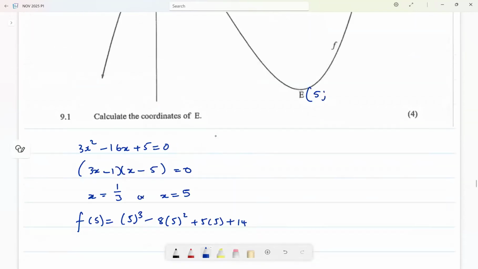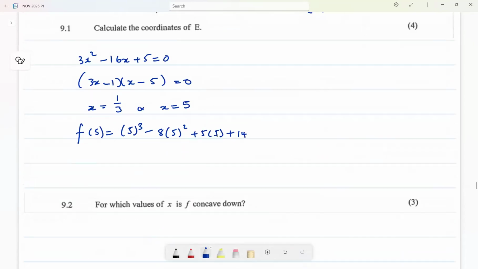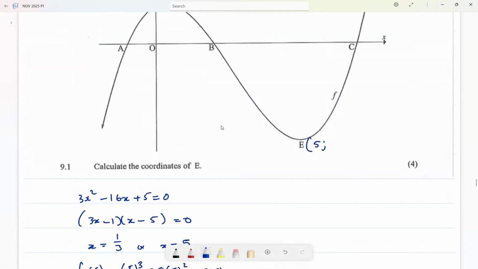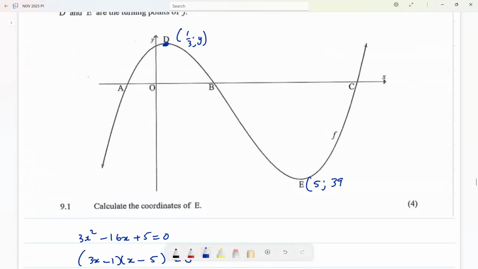Negative 8, yes. Okay, let's now quickly confirm on our respective calculators. How much do we get? 5 cubed, not squared, 5 cubed, minus 8 times 5 squared, which is 25, plus 25 plus 14. I get 89. So the coordinate of this one is 89.